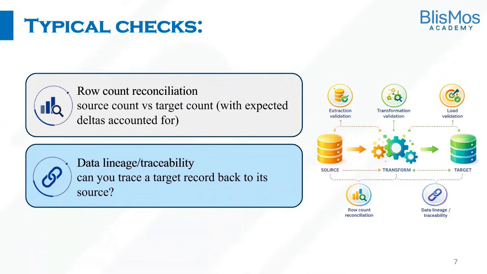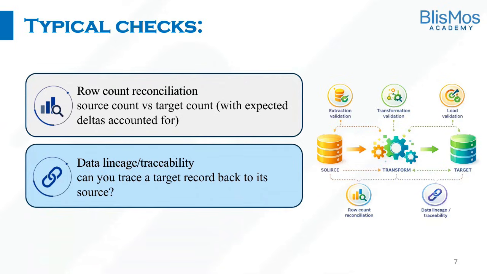One of the most important ETL checks is row count reconciliation. We compare the record counts between the source and target while accounting for any differences.